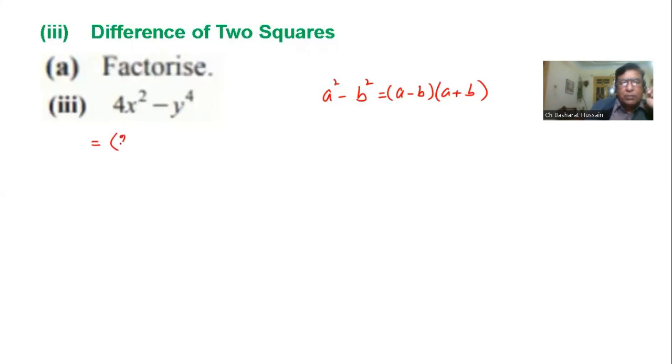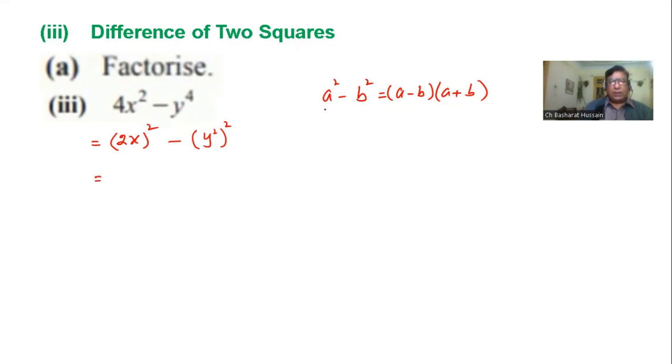4x square is the square of what? 2x whole square. 2 times 2 is 4, x to the power 2, x square, minus. Now I'm going to write this y to the power 4 again in square form. This is power of power: y raised to power 2 whole power 2, because in power of power we multiply the powers, and 2 twos are 4.